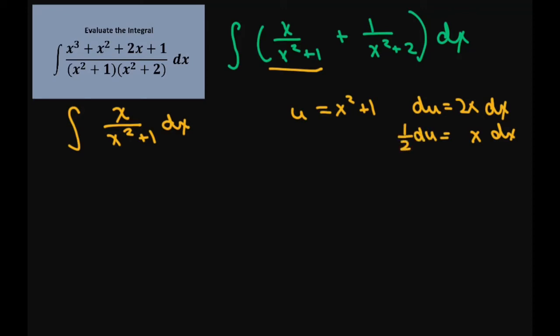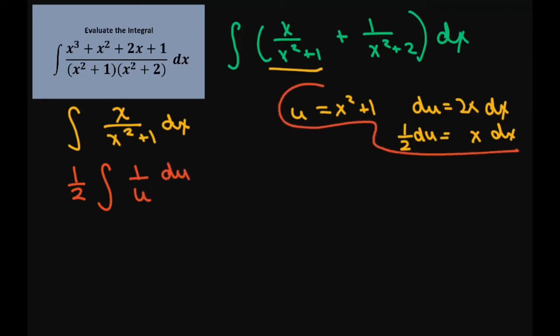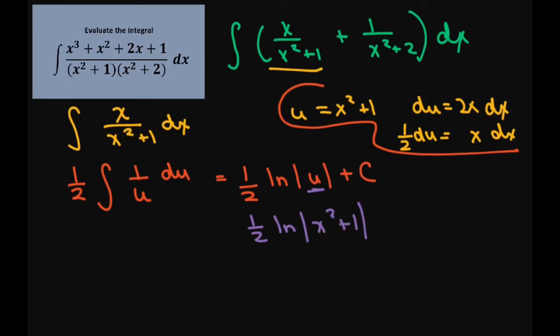So from that, we can write this as 1/2 times the integral of 1 divided by u du, using my substitutions for u. Now this is going to equal 1/2 times ln of absolute value of u plus c. And then you just substitute back in your u, so you get 1/2 ln of absolute value of x squared plus 1 plus c.